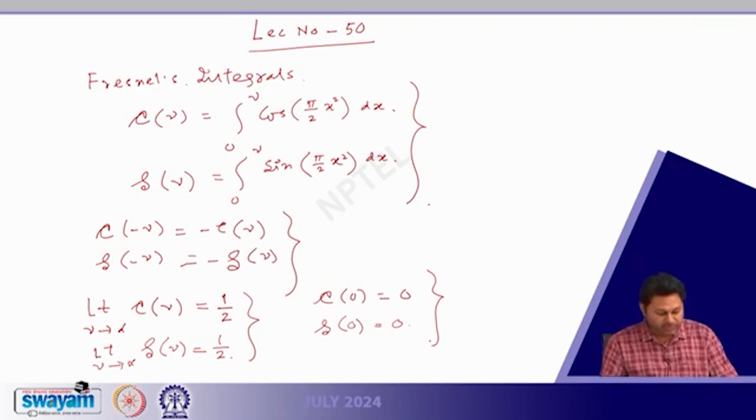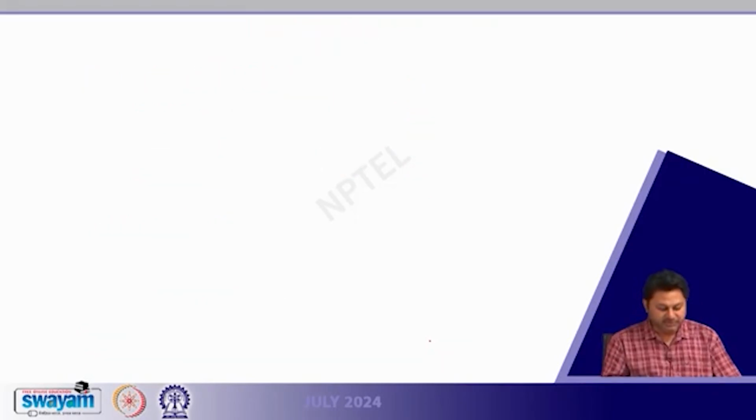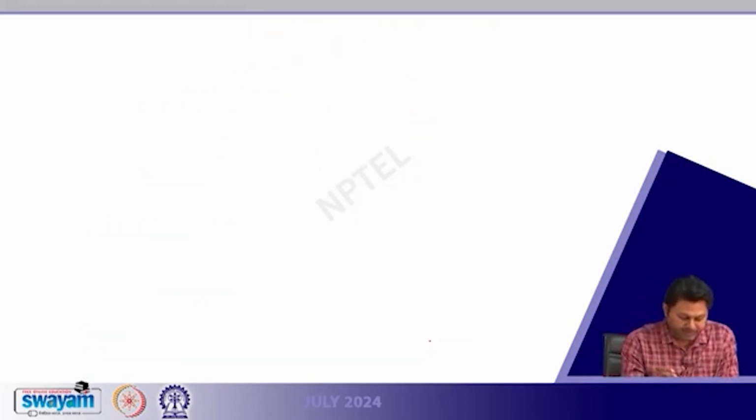And now we are going to do one thing today, and that is to plot this function. So this is called the parametric representation of this Fresnel's integral, and we get a specific kind of structure which we will call the Cornu spiral.